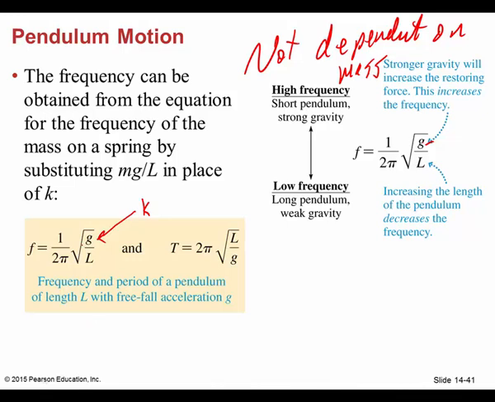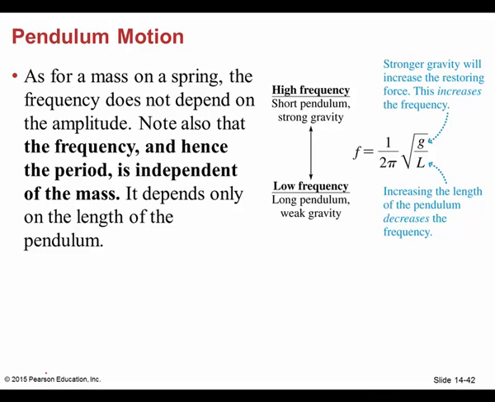So notice how the only change was, this was K, now it's G. This was mass, and this was mass, wasn't it? It was, but now it's L, okay? And we're talking about a pendulum now. We're not talking about a mass on a spring. We're talking about a pendulum, okay? All right, so I just want to show you the correlation there. So it is not dependent on the mass. That's what I just told you, okay?